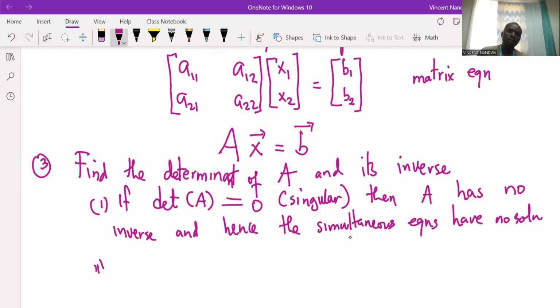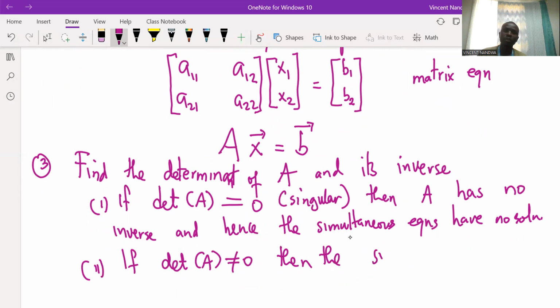But if the determinant of A is non-zero, then the simultaneous equations have a solution.